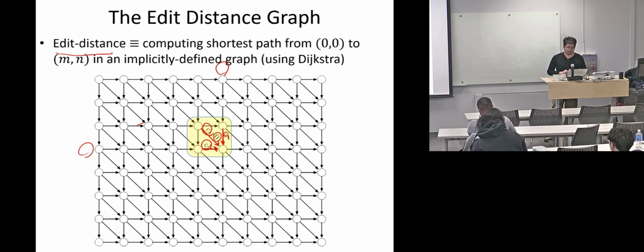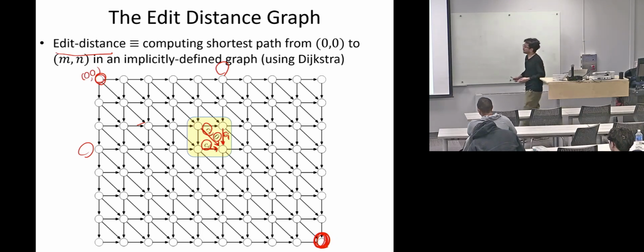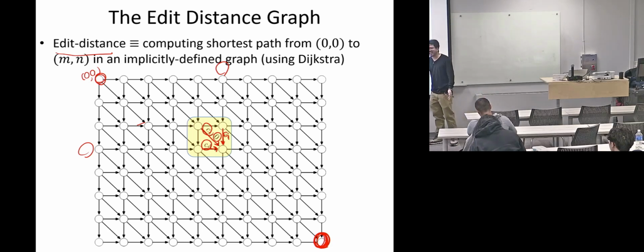So what you want is basically the distance from node 0,0 to this node in this weighted graph. The distance is exactly the same, if you think about it.